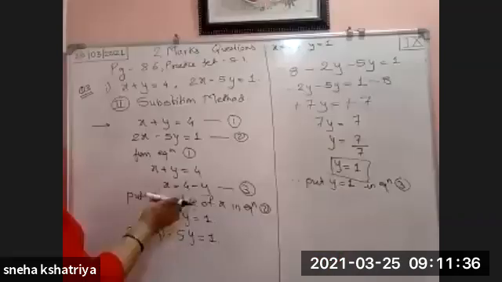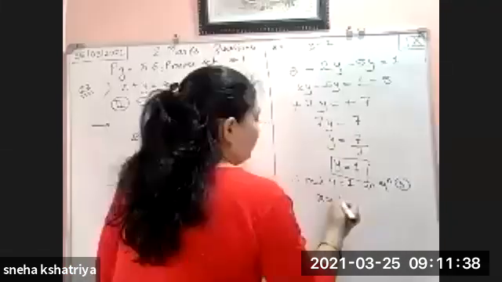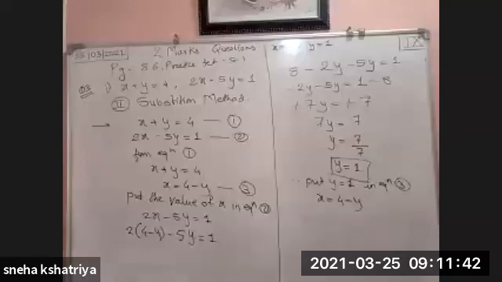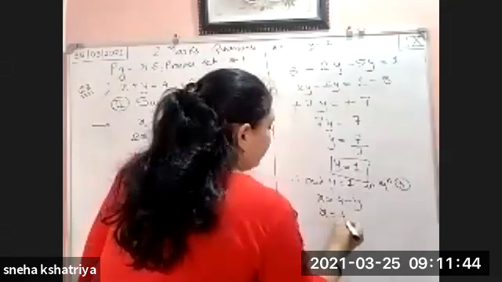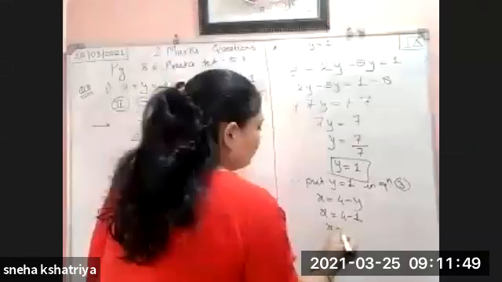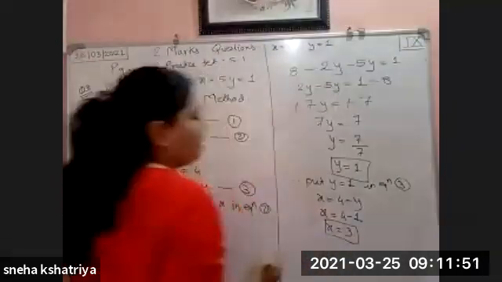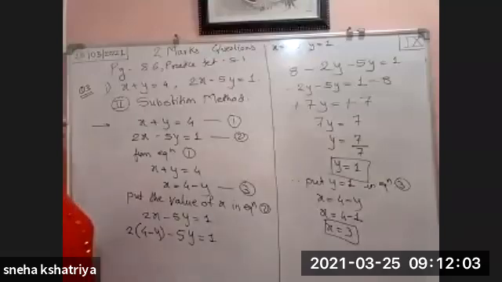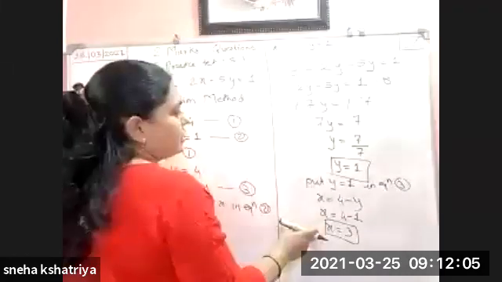Write down equation number 3: x is equal to 4 minus y. So put the value: x is equal to 4 minus 1. Again the addition rule: 4 is greater than 1, so the sign of 4 is the answer's sign, which is plus. 4 minus 1 is equal to 3. So we get the value of x is equal to 3.